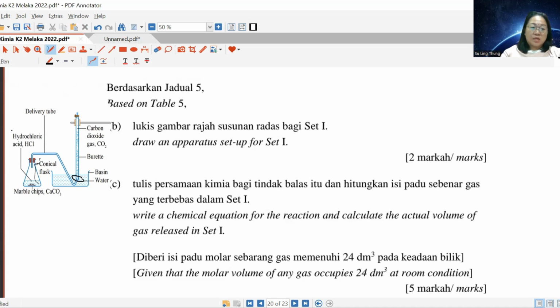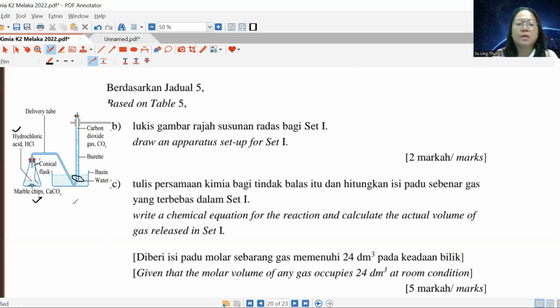And then you have to make sure hydrochloric acid and marble chips, or CaCO3, are reacted here through a delivery tube. So that is the whole diagram of the apparatus setup for this particular experiment. You don't have to draw a stopwatch because it's not necessary.